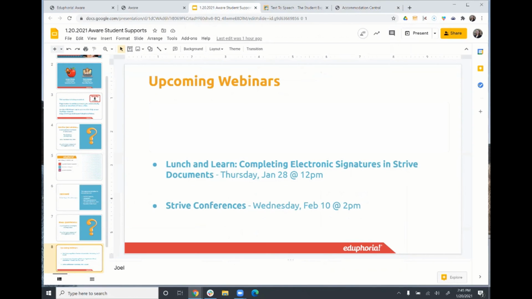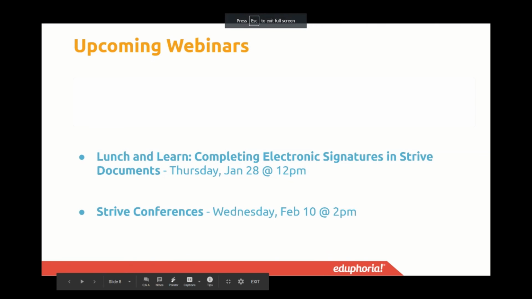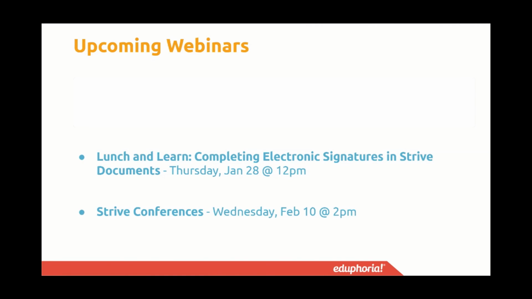Okay, so just to share with you guys some things that are up and coming. And again, if you have any questions that are still lingering in your brain, the Q&A is still open for you. Next week, we will also have a lunch and learn. So we are trying to grow our practices with our webinars and getting information to you guys in a timely manner. So we will have a lunch and learn over completing electronic signatures in Strive documents.